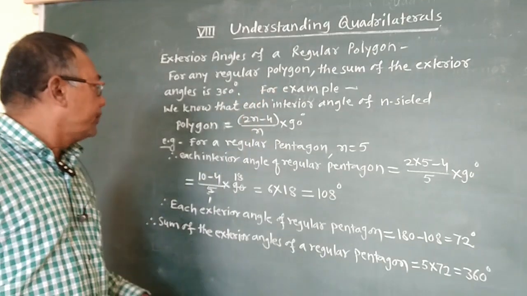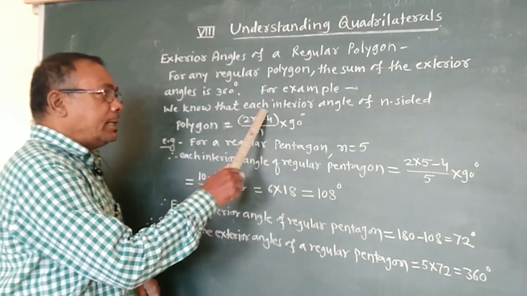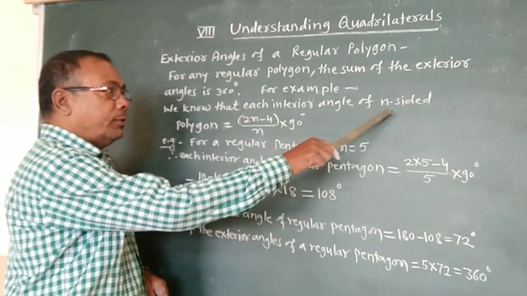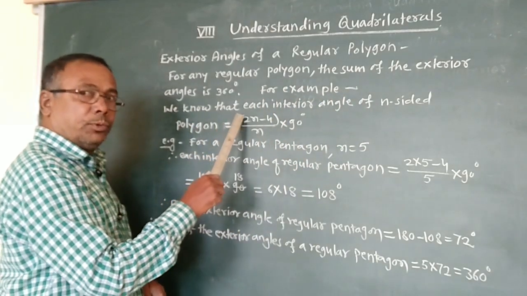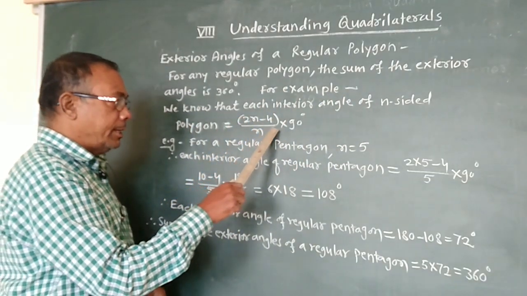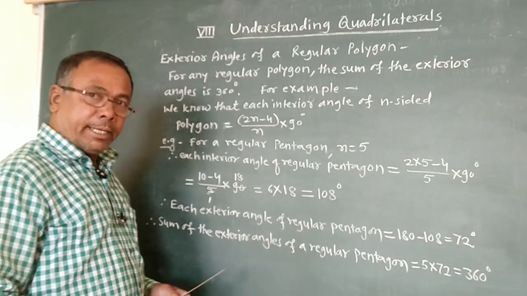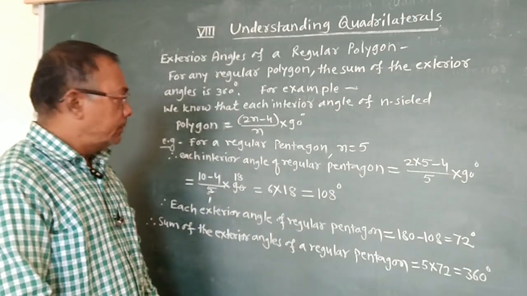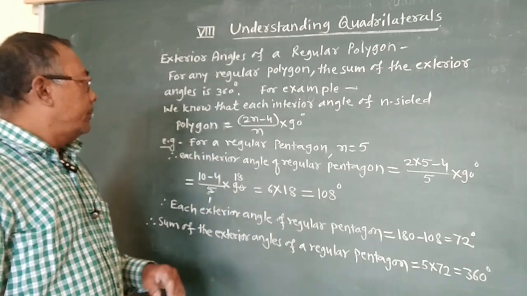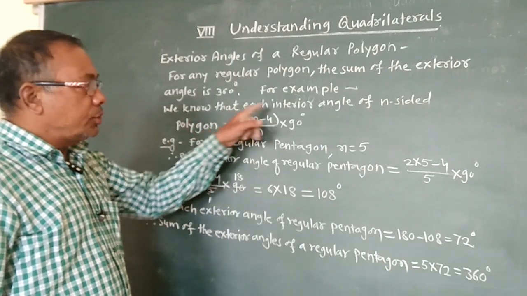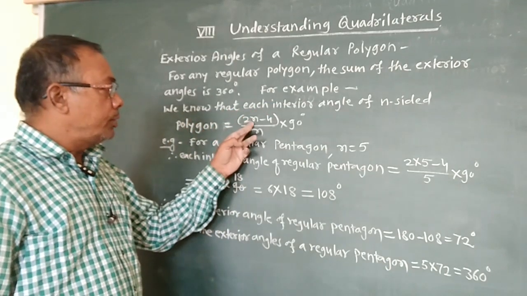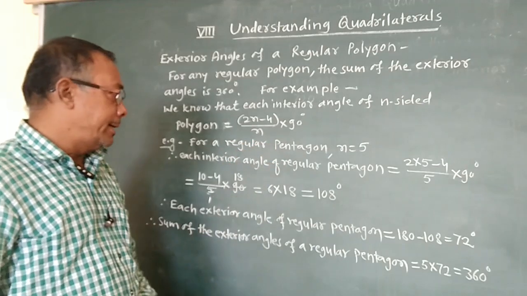For example, we know that each interior angle of an n-sided polygon is equal to (2n minus 4) upon n into 90 degrees. Just now we have seen that each interior angle is equal to (2n minus 4) upon n into 90 degrees.